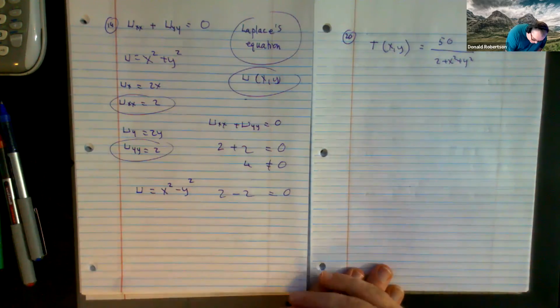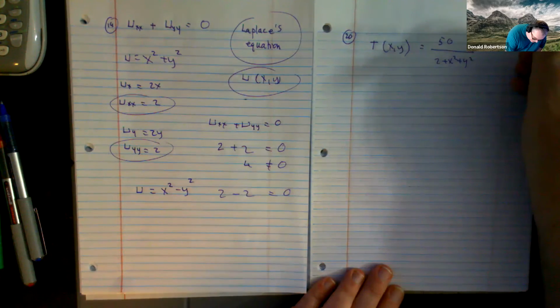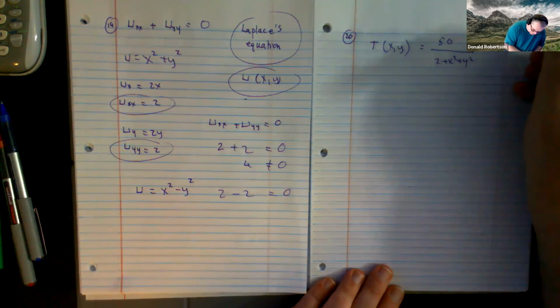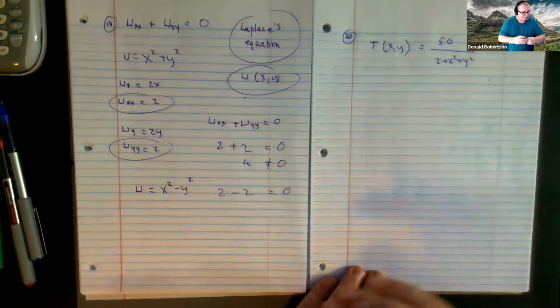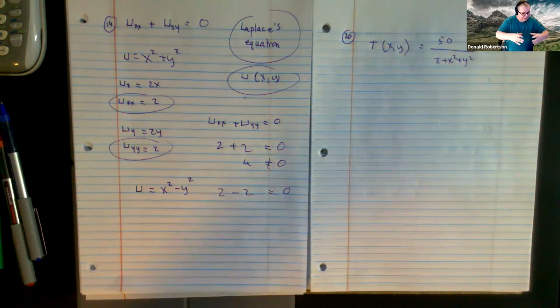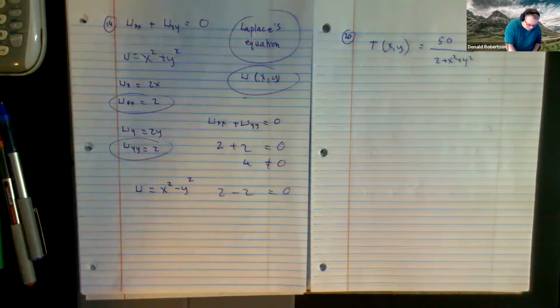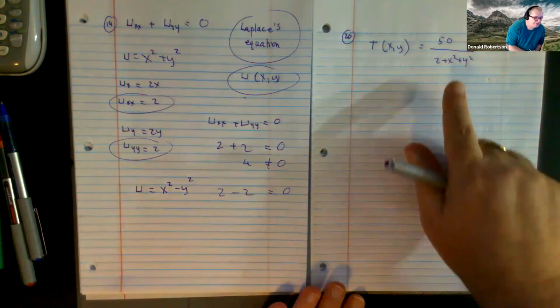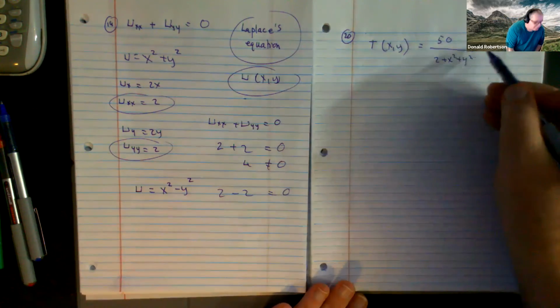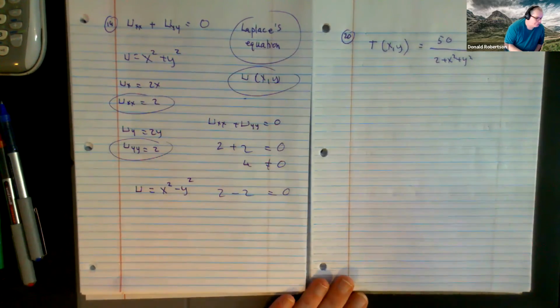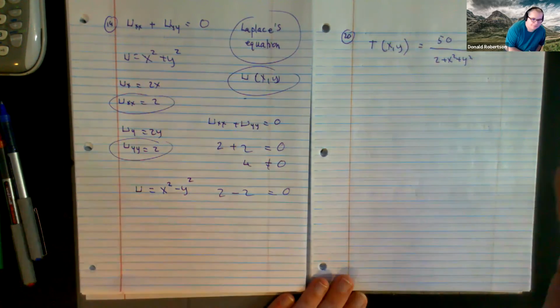If you looked at a snapshot in time, would it seem reasonable that you would have bands of hot getting less heat, less heat, less heat as it dissipates to the edge? And this function here is representing the temperature at any given point x and y. So it's basically a heat transfer equation.